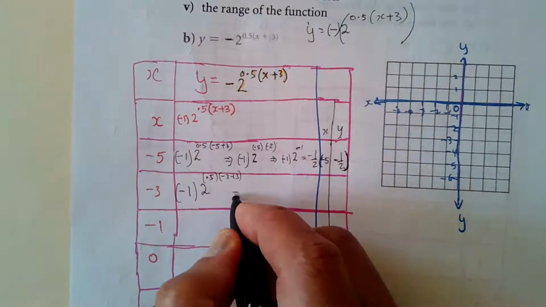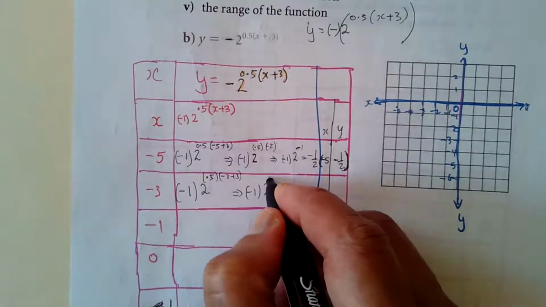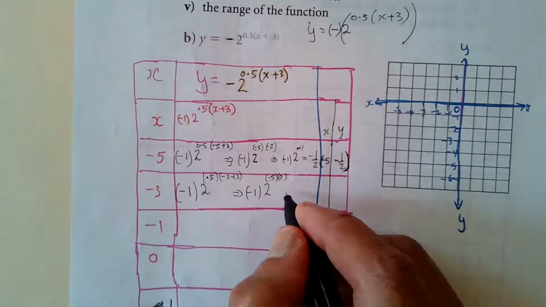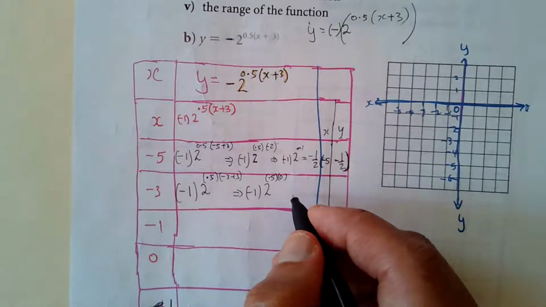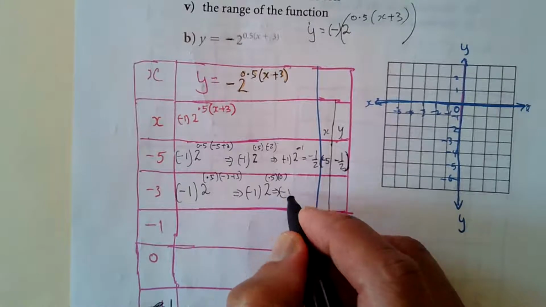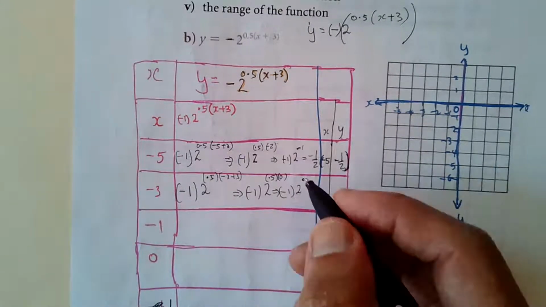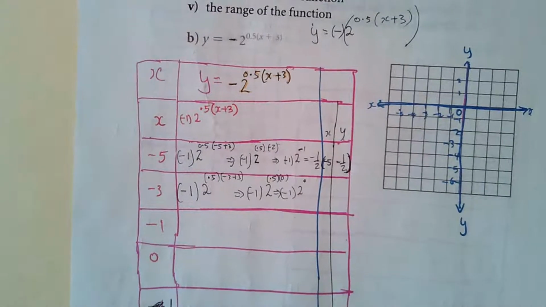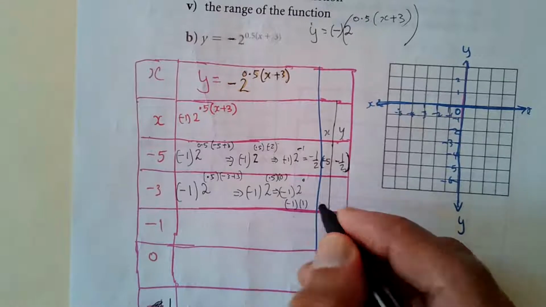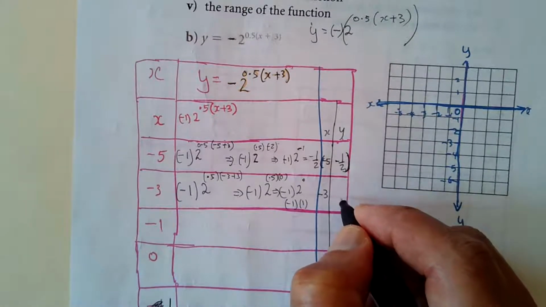So we have -1 times 2 to the power 0, which is 1. So we have -1 times 1, so we have -1 here.